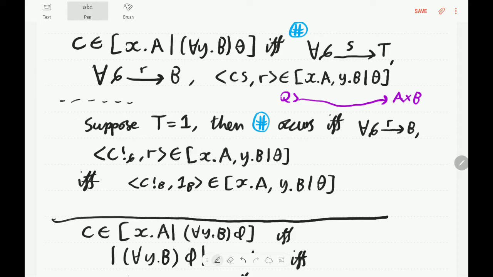And I claim that this actually happens if and only if C exclamation mark B comma 1b is in this extension of theta over the x's and y's. So it's basically, I think, if you take this case and set R equal to 1b, and that case holds true, that will imply the others.